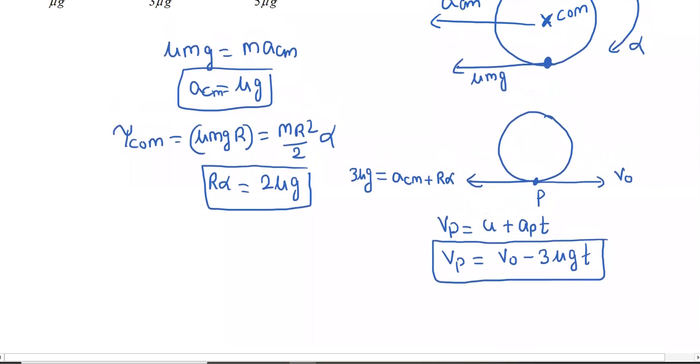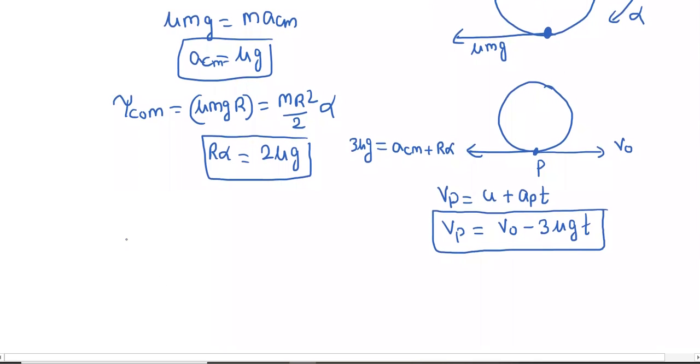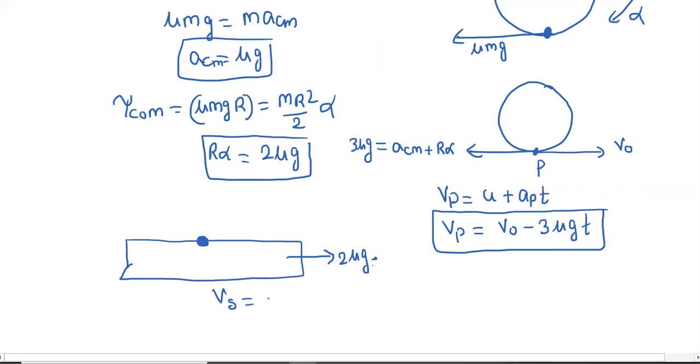Now our surface or the plank is having zero velocity initially. Since this is a surface, I call this the velocity of surface, the point which is in contact with the disk. Since it has an acceleration of 2 mu g towards the right, I write velocity of surface is 0 plus 2 mu g into t.